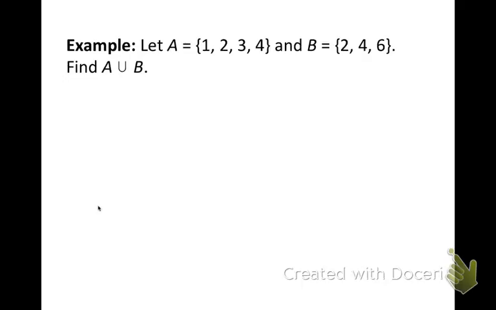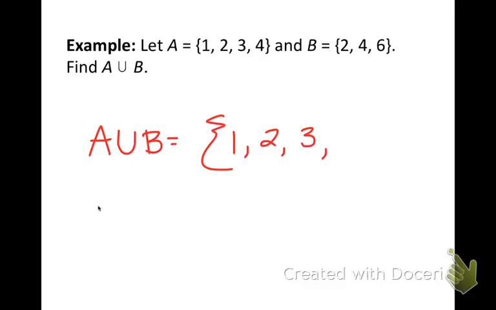Okay? So my A union B is going to be the set. And you try to put smallest first and then go to largest. So my smallest number up there is what? 1, followed by 2, followed by 3, followed by 4, followed by 6.